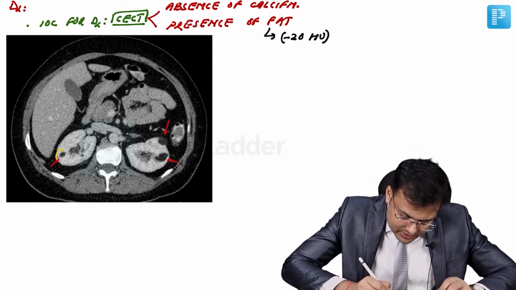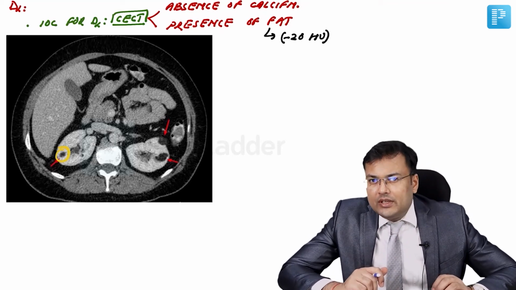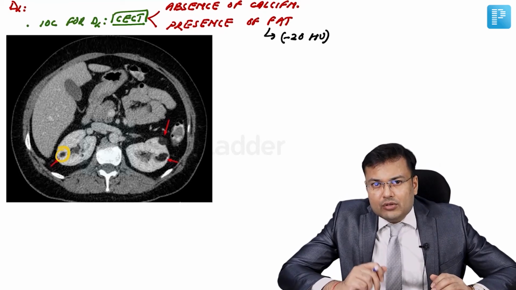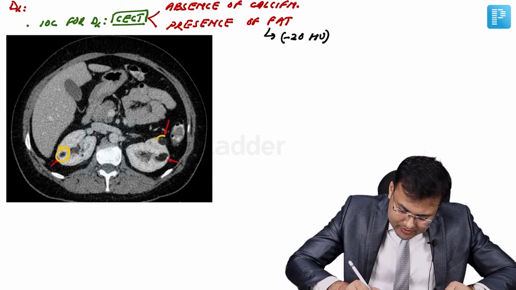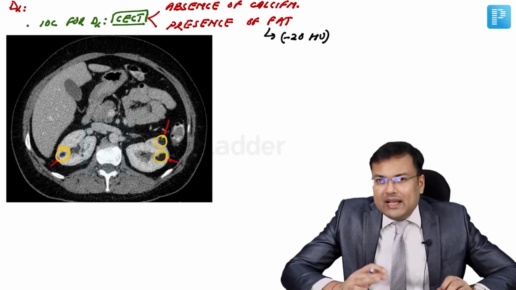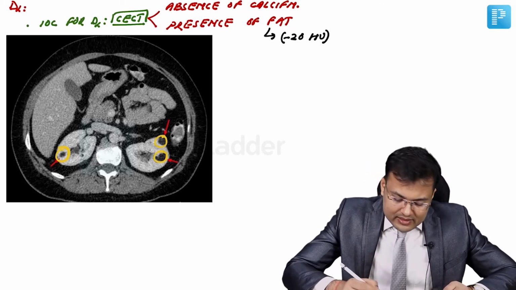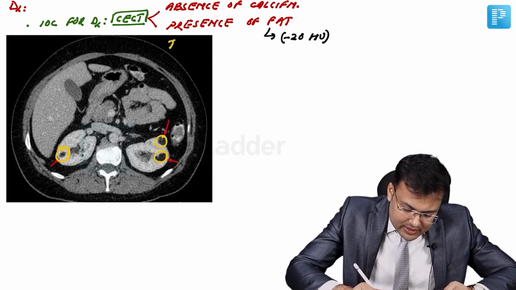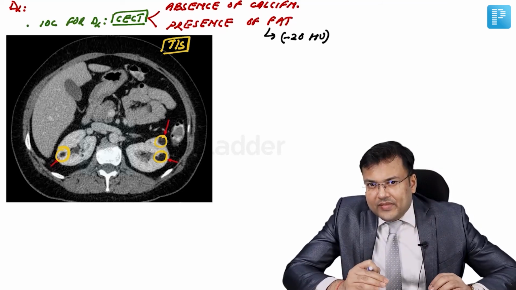It looks like a benign tumor. And what is this tumor? This is angiomyolipoma. So this was the image based question. Since it is bilateral and multiple, the chances are that it is associated with which condition? So this is the association.